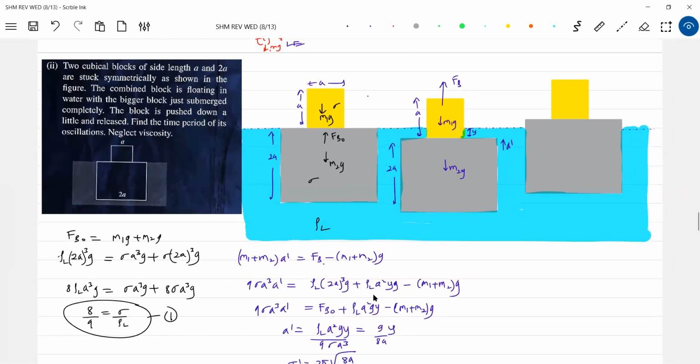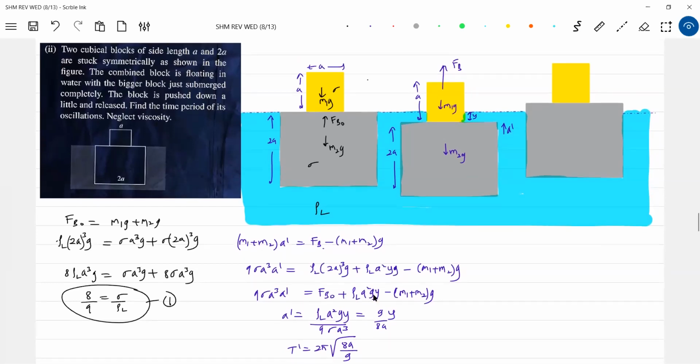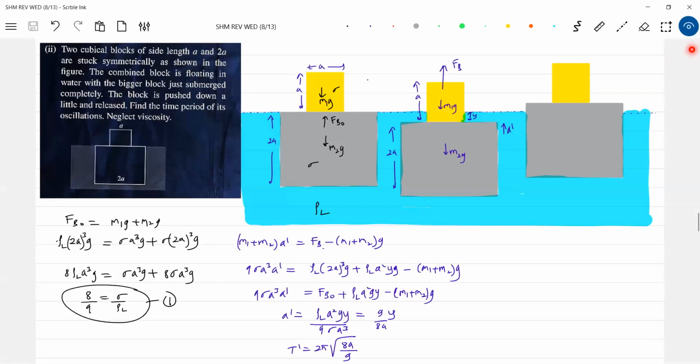After mean position, what will happen to it? First, I pressed it, I released, no? So for half of the time period, it will be in this position. Again, it'll come back to this one. Now it will start rising up.